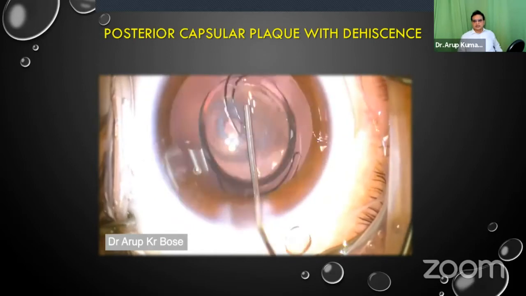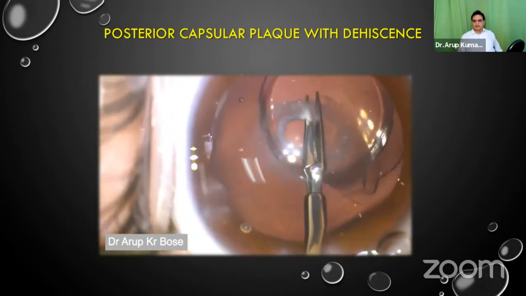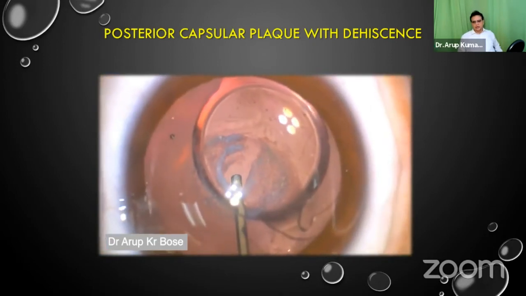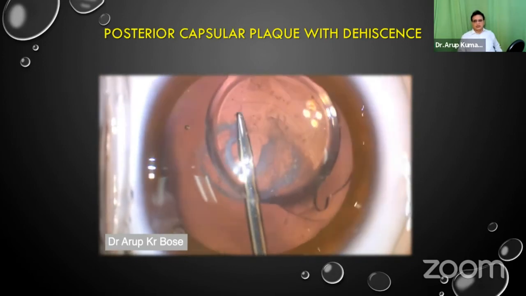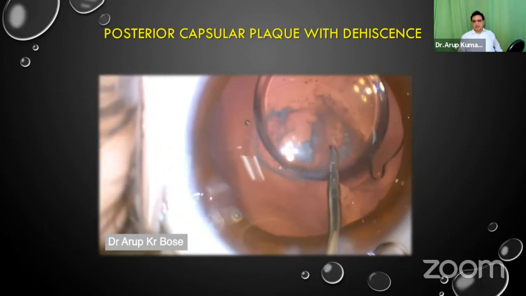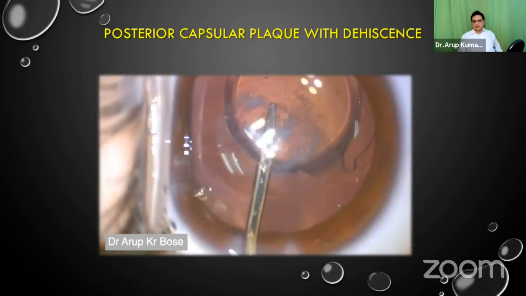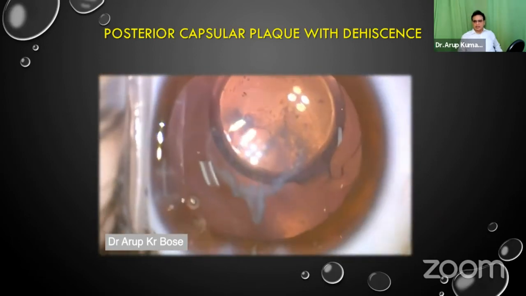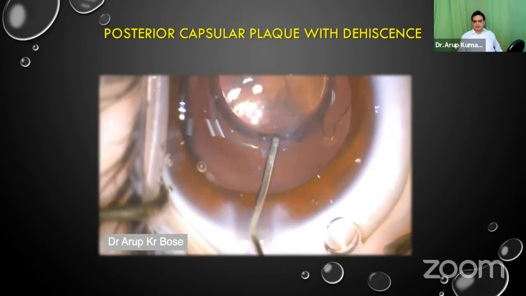In certain cases, you might end up with a posterior capsular plaque like this. As you can see, if you have a plaque like this, you inject the lens, let it be in the sulcus, and then you do a posterior capsular rhexis, and along with the rhexis, you remove all the plaques that are there on the posterior capsule, make a small sized hole, and then you finally place the lens under viscoelastic, put further viscoelastic above.